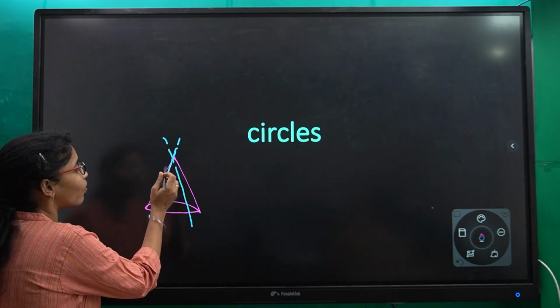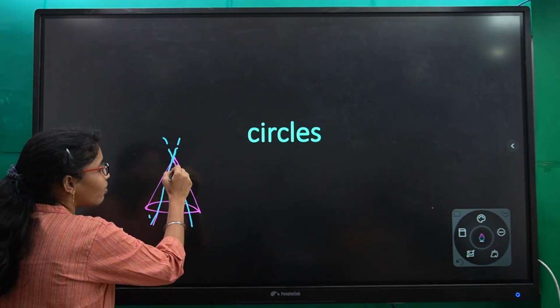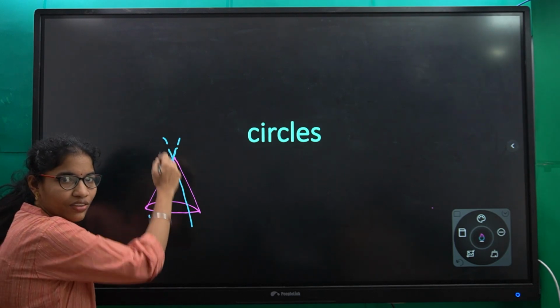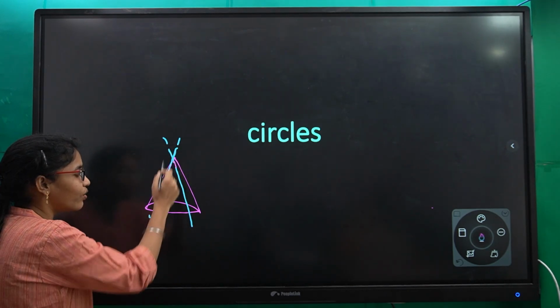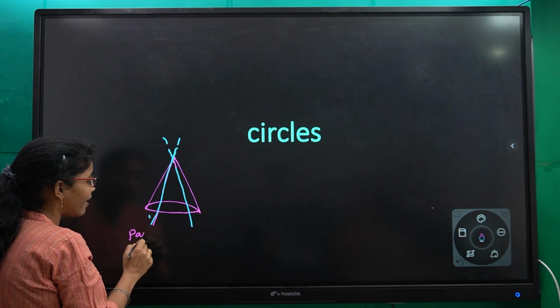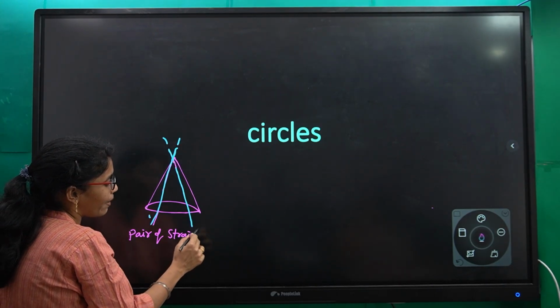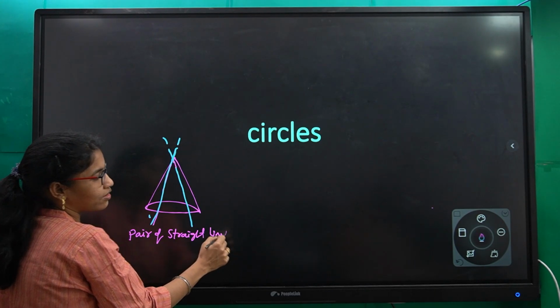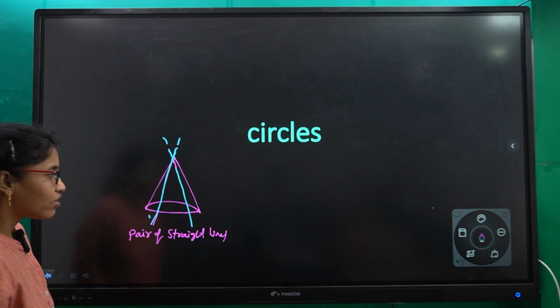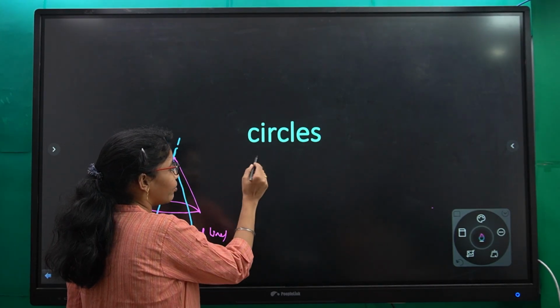So it forms two lines. You can call these a pair of straight lines.